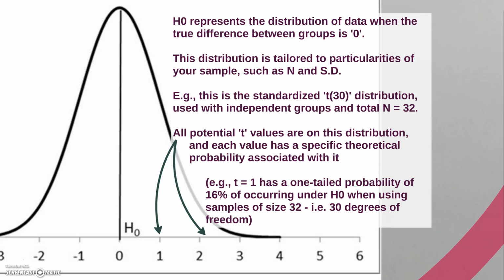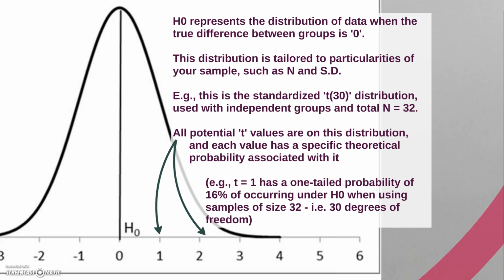Now, one interesting thing is all potential values that we may get from research are able to be located within that distribution, either very close to 0 if the mean difference is not much, or further into the tails. Okay, but all potential t-values will be located under the null hypothesis.